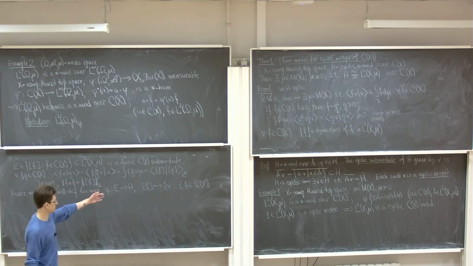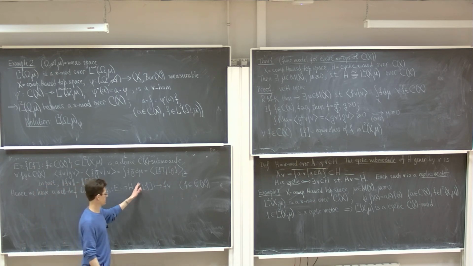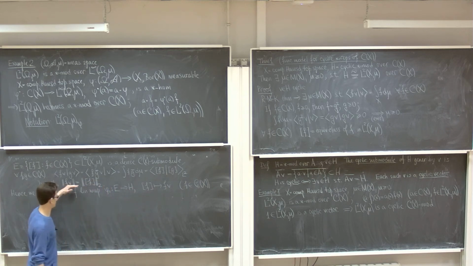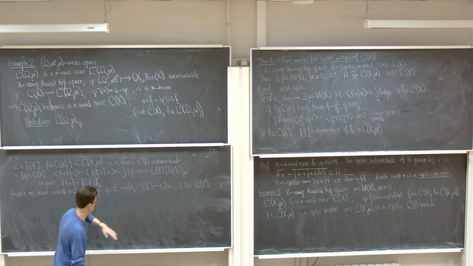Indeed, this is well defined, because if f is such that this equivalence class is 0, that is, f vanishes almost everywhere, then this equality shows that fv is also 0. And so this is well defined.